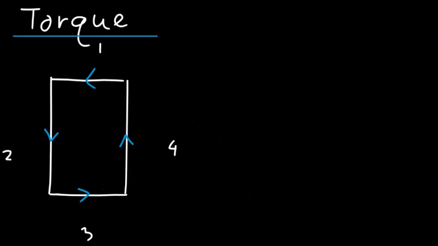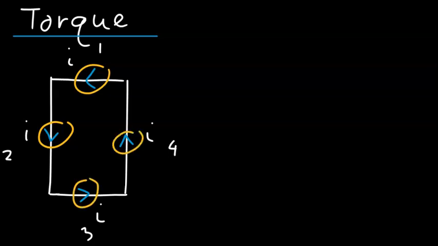Now let's analyze torque exerted on a current carrying loop. Let's assume you have a rectangular loop as shown below. Now you have 4 sides to the loop: side 1, side 2, side 3, and side 4. This rectangular loop carries current I in a counterclockwise direction as represented by these blue arrows.